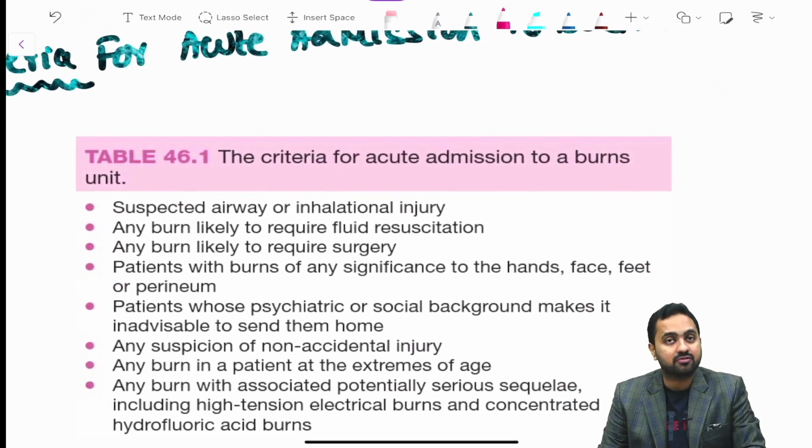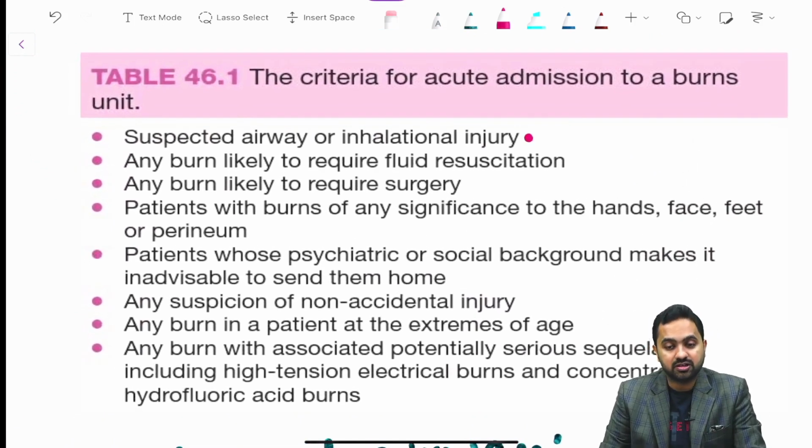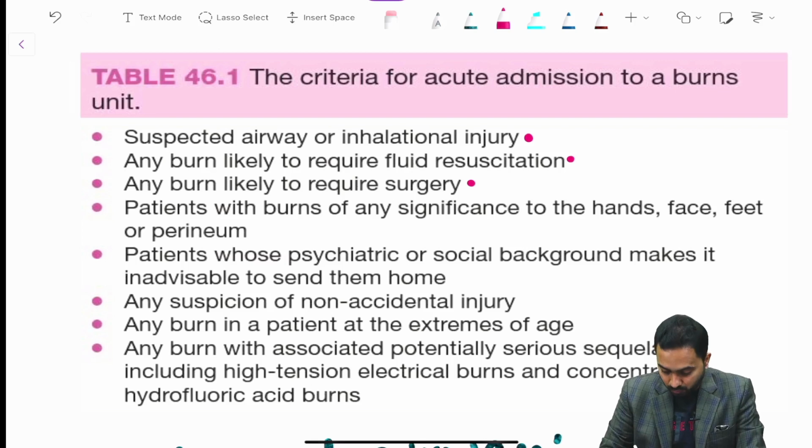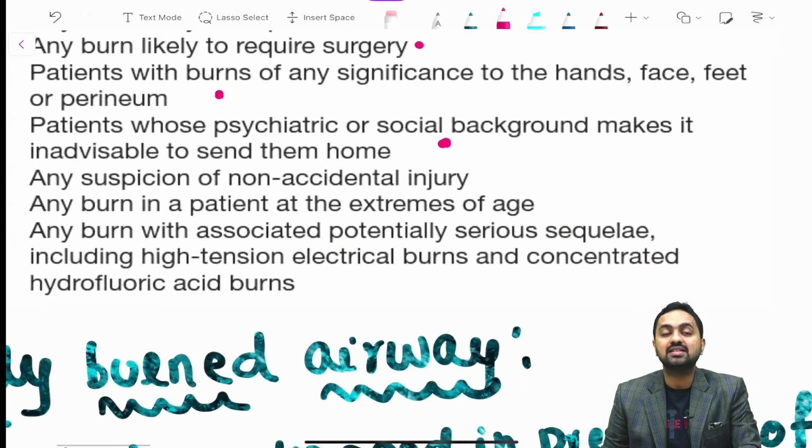So we have this table from Bailey and Love. When we have a suspected airway or inhalation injury, any burn that is going to require fluid resuscitation, any burn likely to require surgery, patients with burn of any significance to hand, face, feet, or perineum, patients whose psychiatric or social background makes it inadvisable to send them home, any suspicion of non-accidental injury, any burn in a patient at extremes of age, any burn that is associated with potentially serious sequelae including high tension electrical burns and concentrated hydrofluoric acid burns.